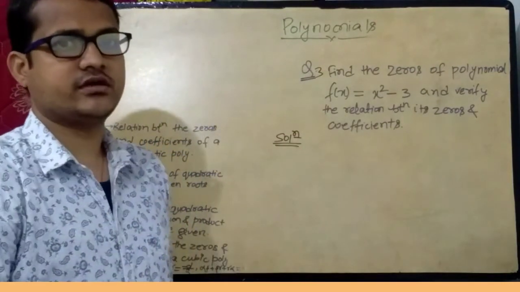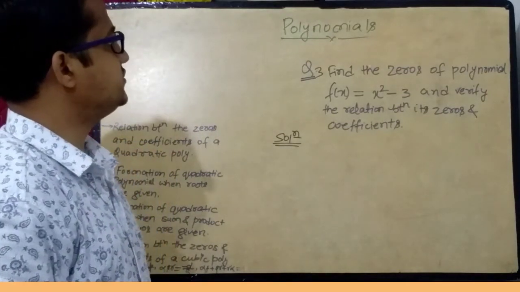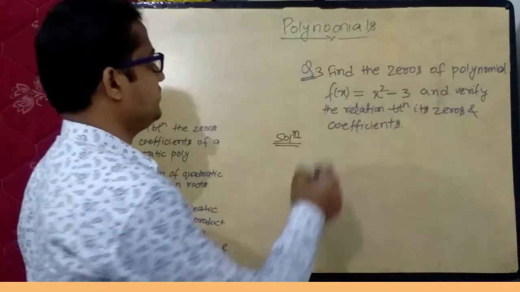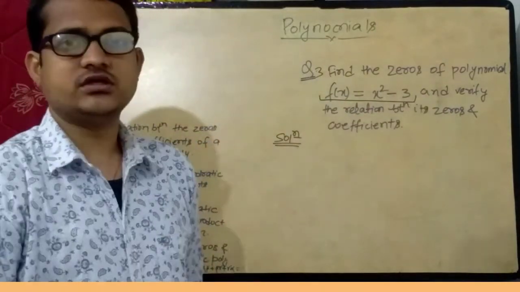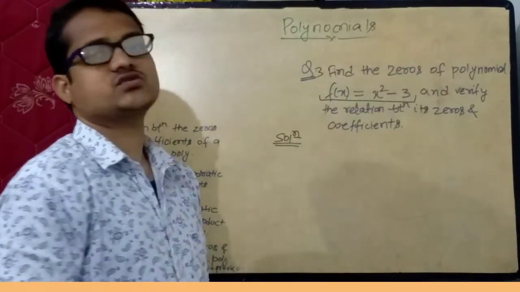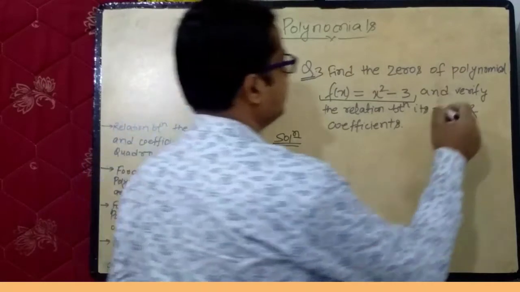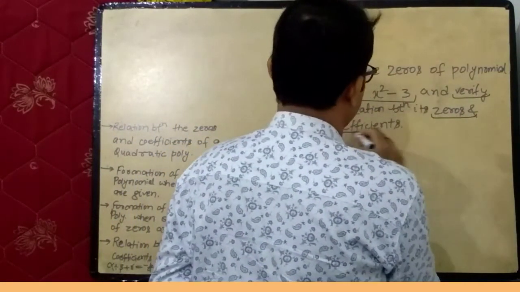Next question, read carefully. It is given: find the zeros or roots of the polynomial f of x equals x square minus 3, and verify the relationship between its zeros and coefficients.